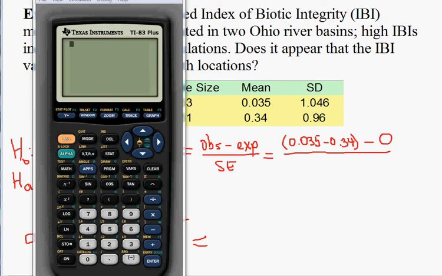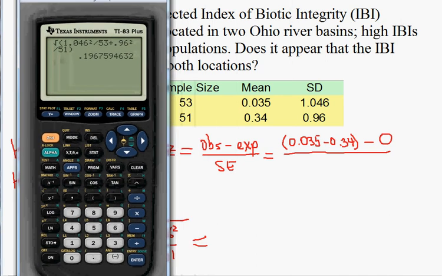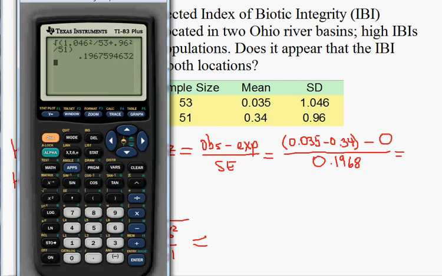Okay, so let's do the calculation. And to do that, we'll use the TI calculator. So I have square root of 1.046 squared divided by 53 plus 0.96 squared divided by 51. And so I get the standard error of 0.1968 approximately. And so we now calculate the value of z.